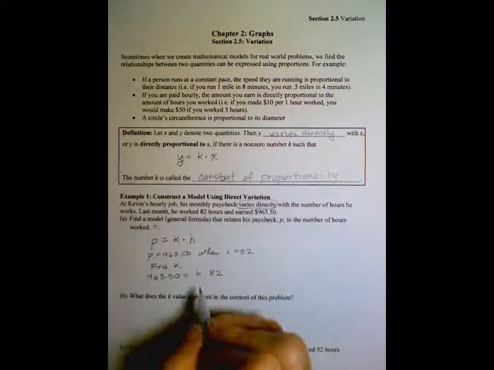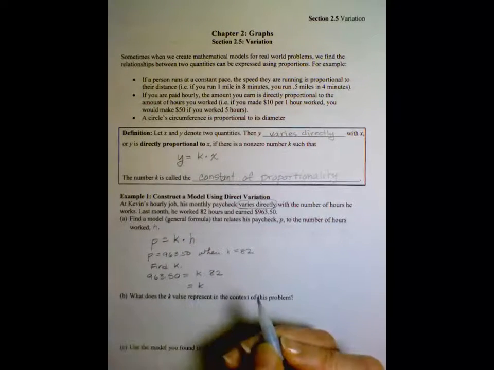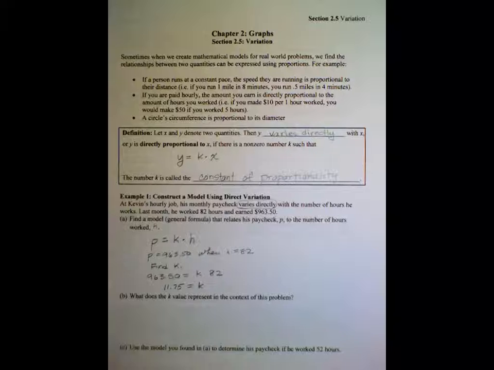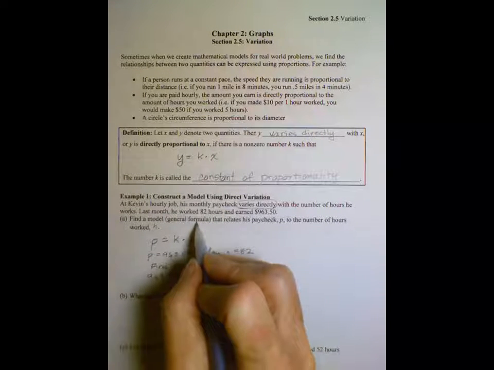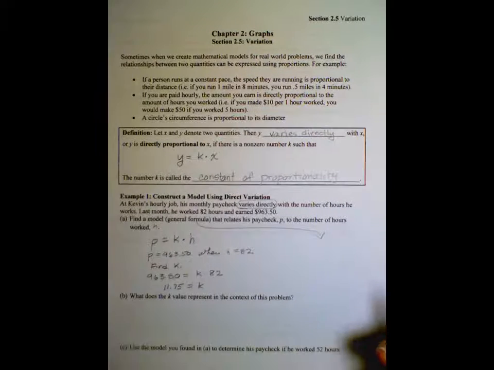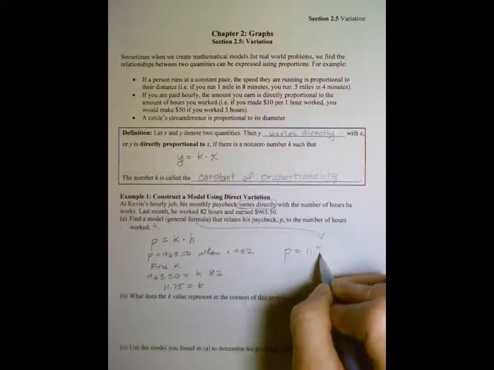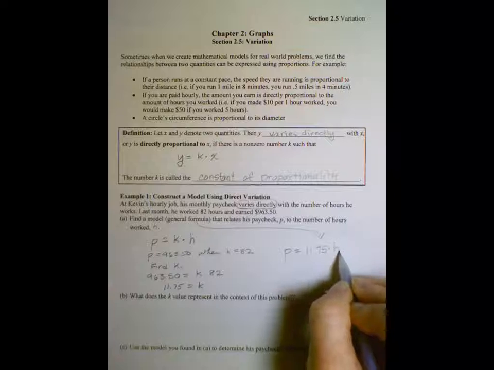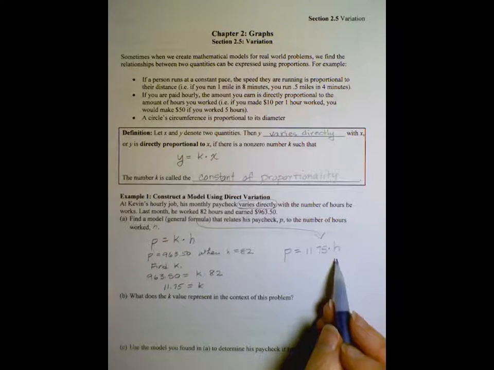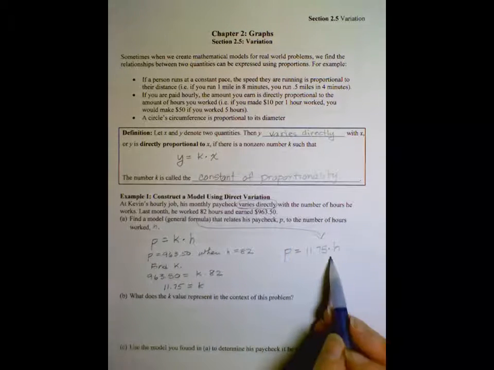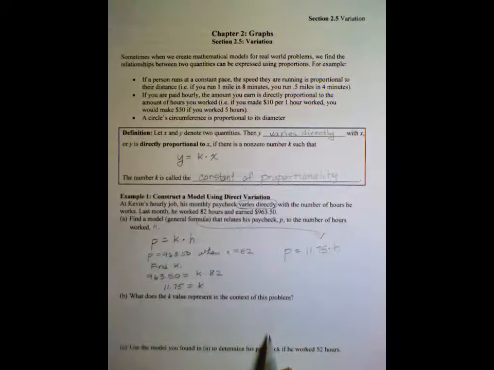So divide both sides by 82 and we get k equals 11.75. So for Kevin, his pay is equal to 11.75 times h. That's what we were looking for, not this, this is generic. But here's the general formula for Kevin's situation.